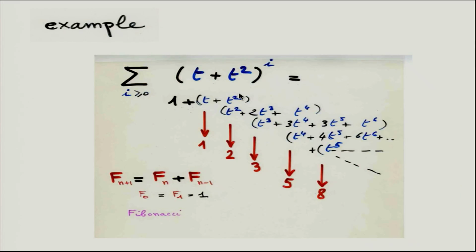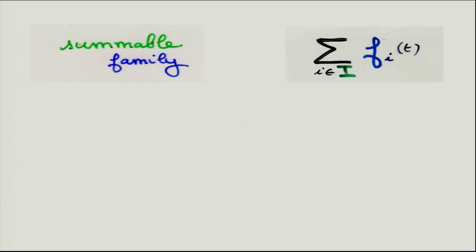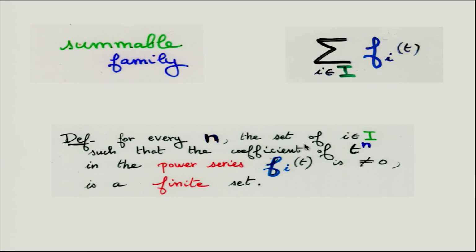Example: here I have Fi equal t plus t squared to the power i, so I have an infinite family of functions Fi, but if I collect the term in t power n, then only a finite number of terms contribute to t power n, and this for any n. So I can define the sum. I repeat the definition: for each n, there is a finite number of Fi which contribute to the term t power n.